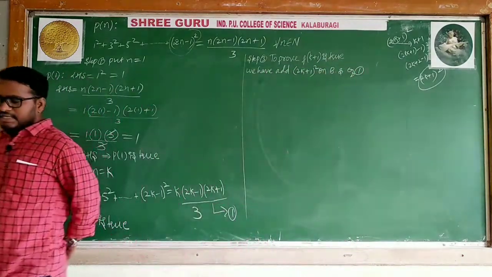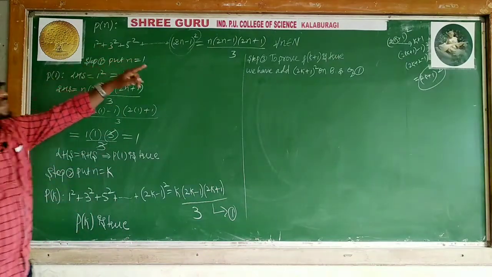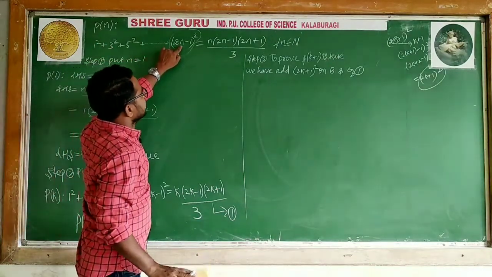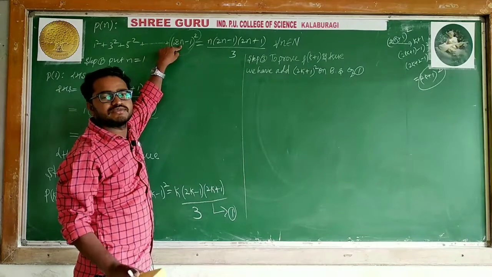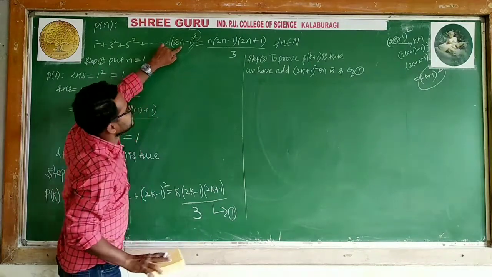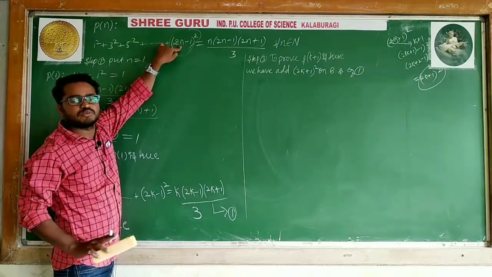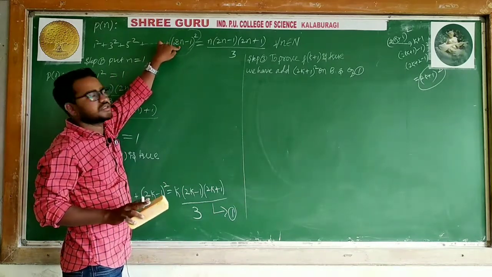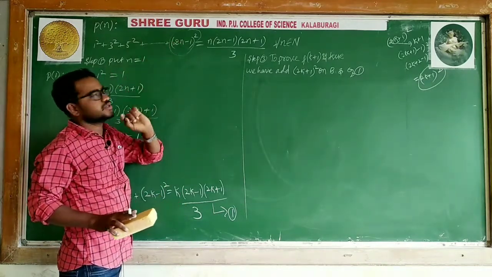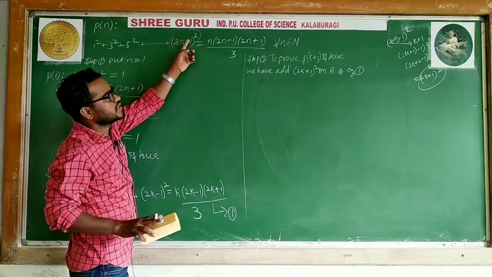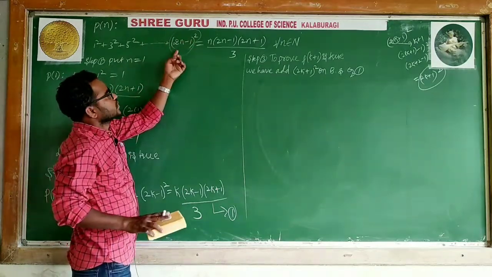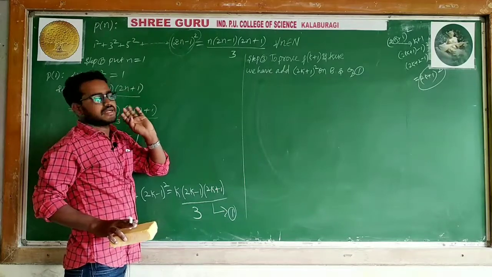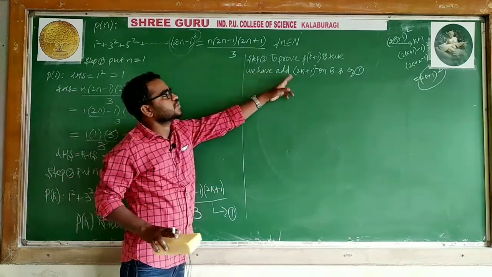Are you getting it? That I took roughly to find the n place: you substitute k plus 1. That is what I am saying, we have to add 2k plus 1 whole square.